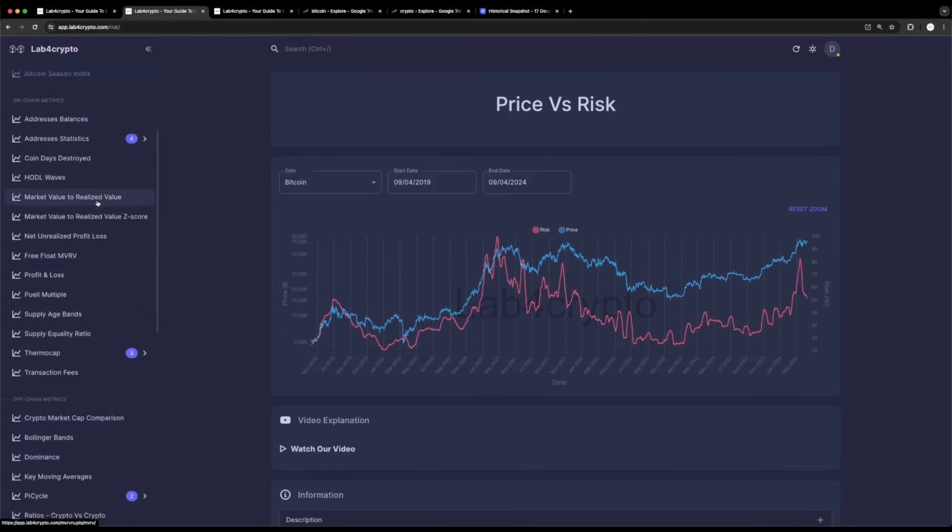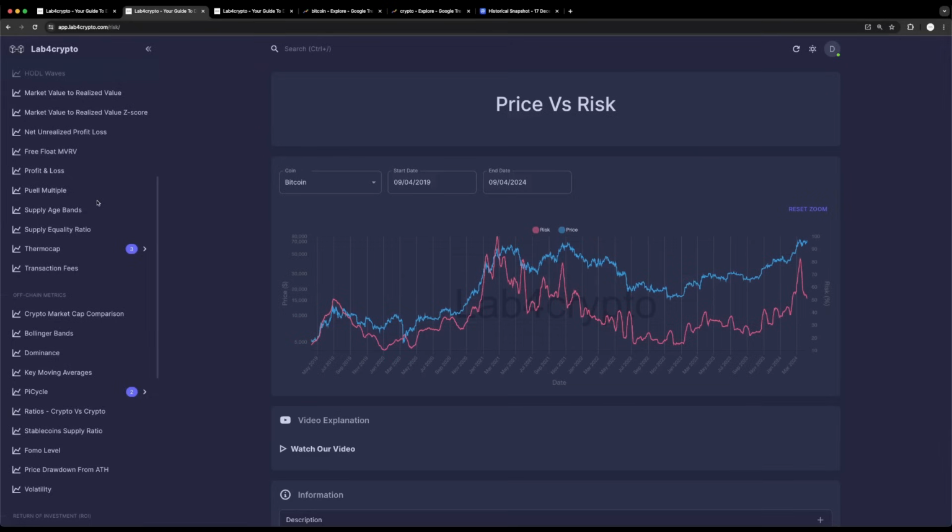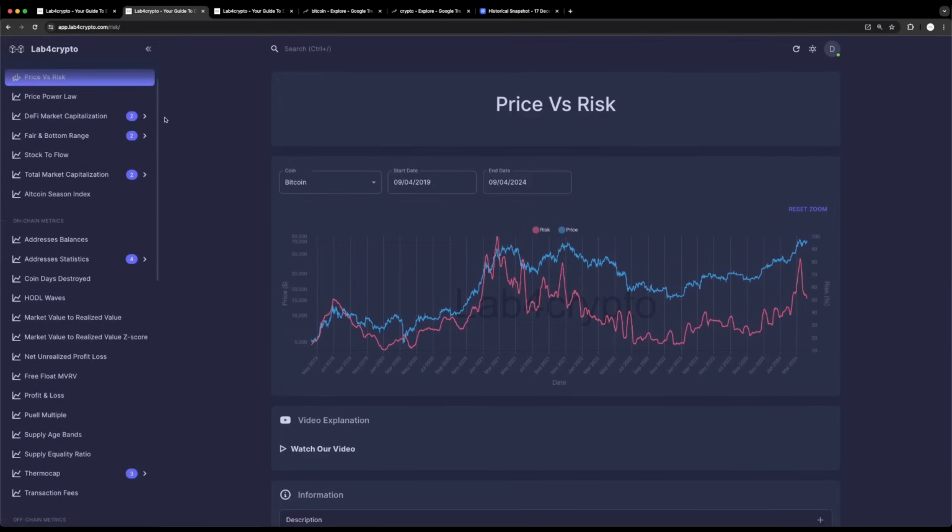When you have all these tools to help you understand in which stage we are, even if you want to hodl your crypto, you can do that for sure, but you can use tools, at least for a percentage of your portfolio, to try to exit or enter based on quantitative tools that we have in the platform, but you can find in other platforms as well.